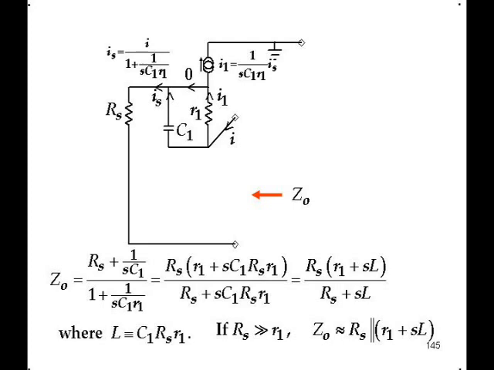ZO gives you the expression underneath, which can be put into factored pole zero form. And you see you have a 1 plus S term in the numerator. So the S term represents an inductance. The definition of that inductance is it's equal to C1 RS times R1.